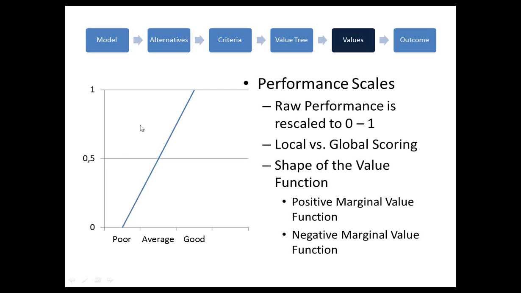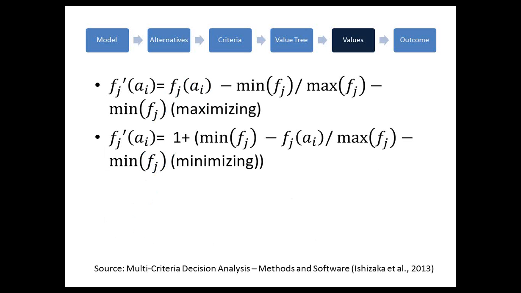Now this shape doesn't need to be linear, it can also be curved, and it can have an exponential curve, and it can even have a parabola shape. So there are all kinds of different shapes to your value curve.